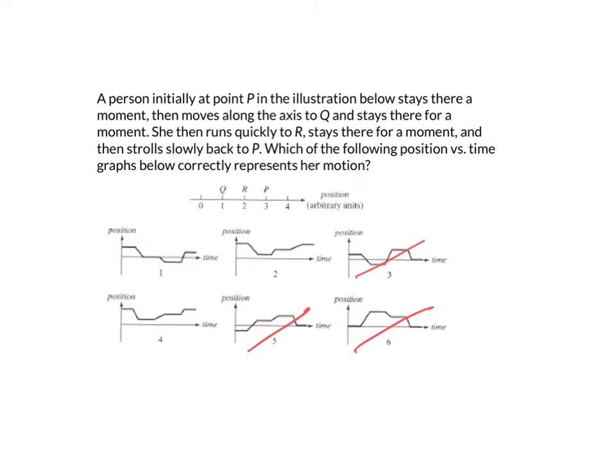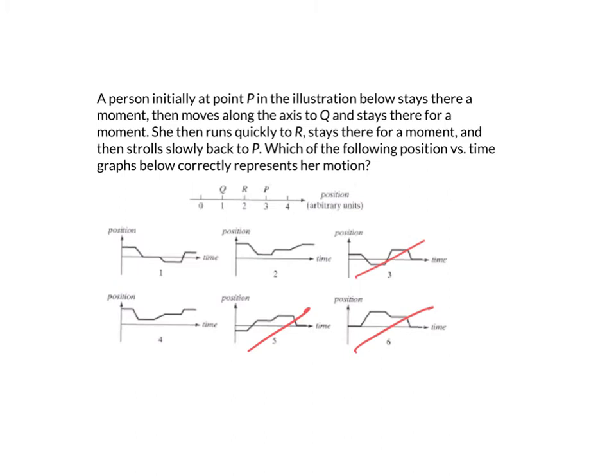The next bit of the story is that the person starts at P and she stays there for a moment. What's that going to look like? If you're remaining at the same position, your position versus time graph should be horizontal. You're not changing position. Choices 1, 2, and 4 are all consistent with that observation.